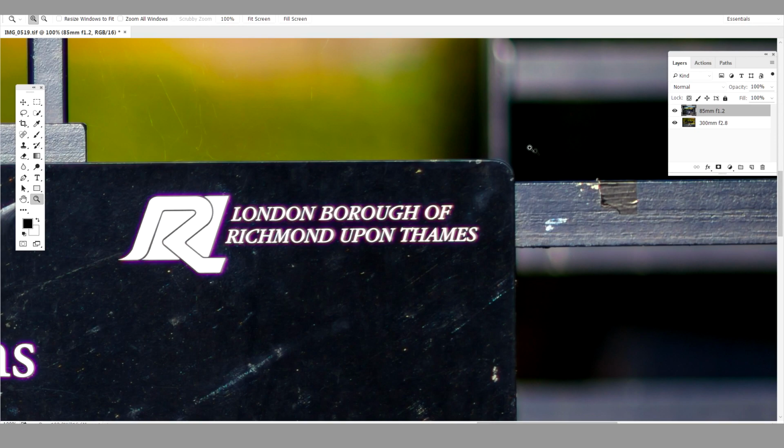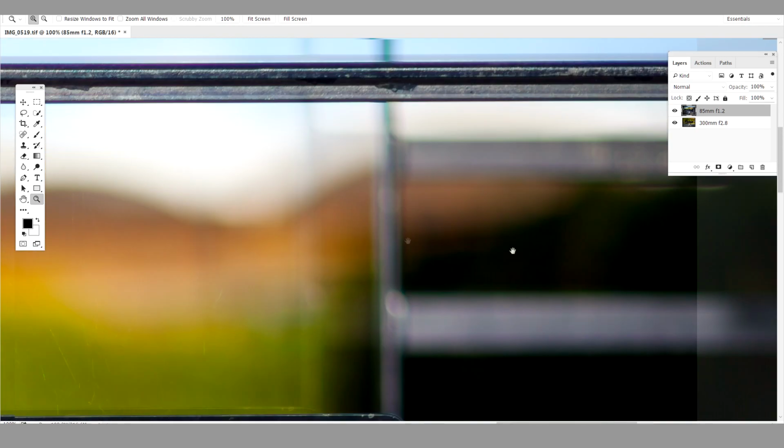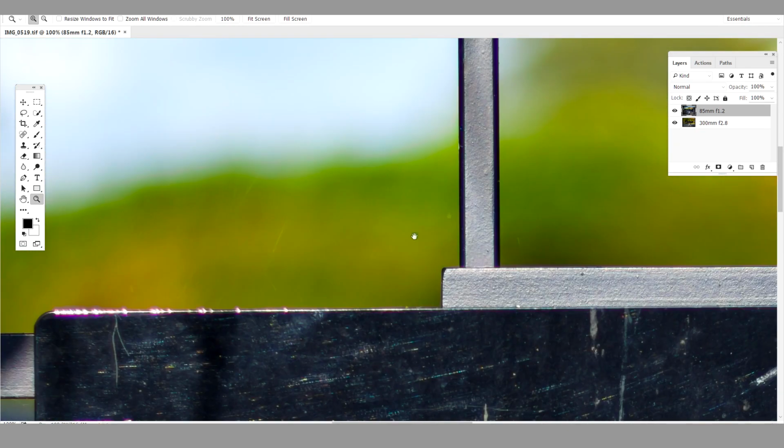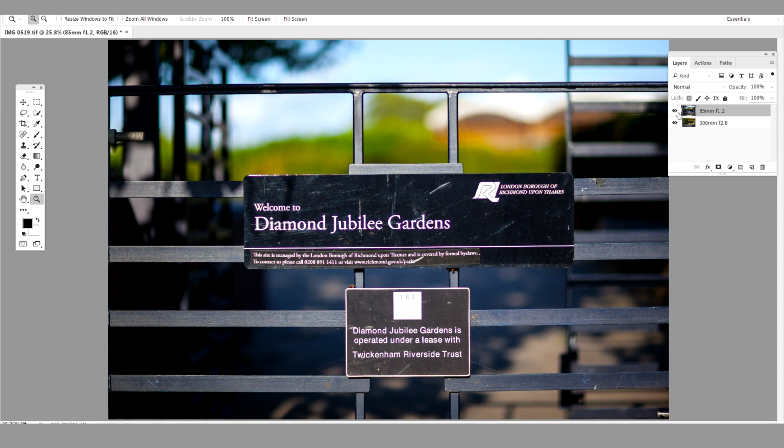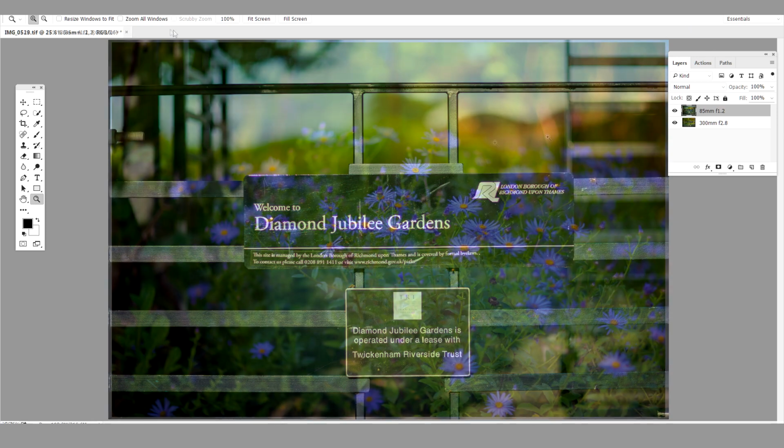You can get rid of it in Photoshop or in a raw editor, but it doesn't matter right now. So 85mm and 300mm, and both of them were wide open. Let's have a look at another picture.